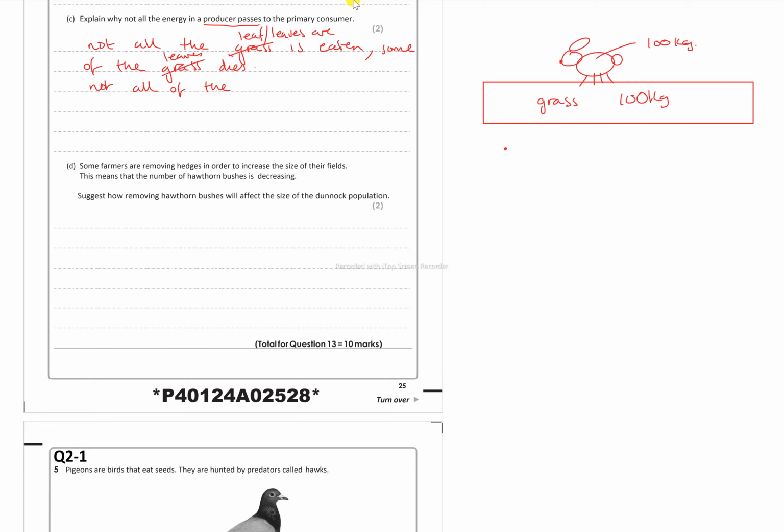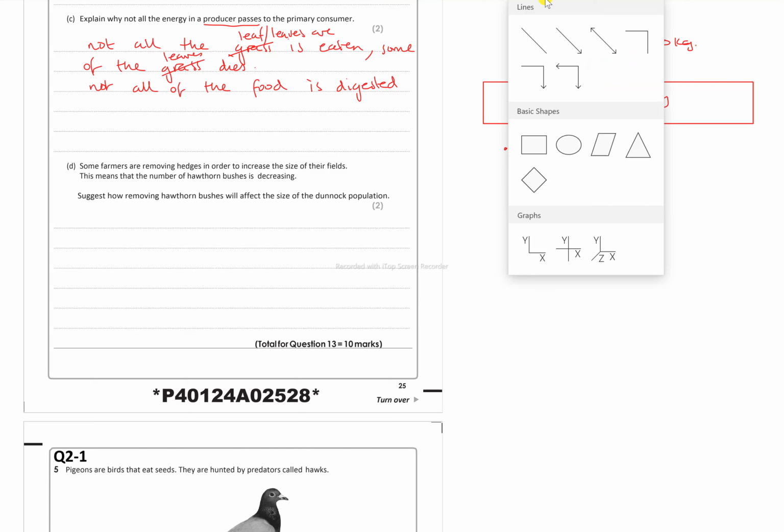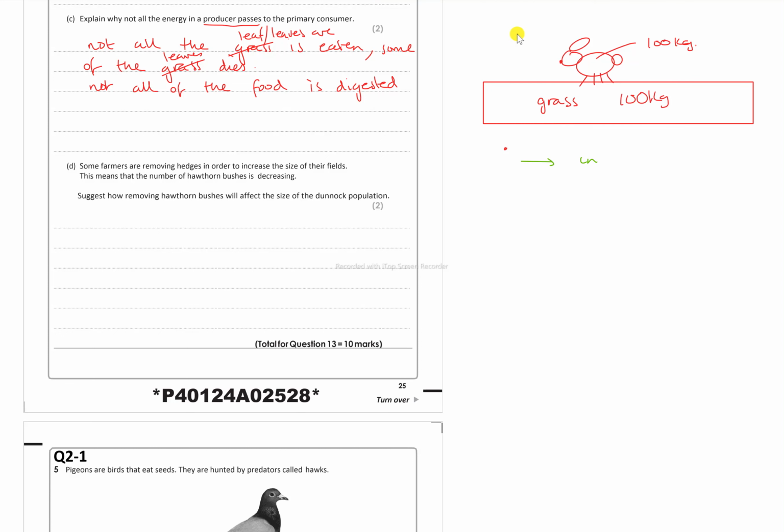Okay, not all of the food is digested. And what did we say? Let's just jump back. Food you take in through the mouth is called ingestion.